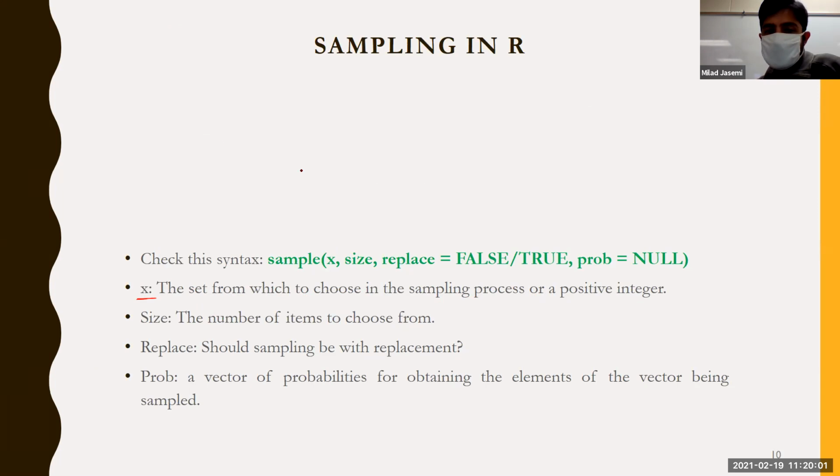It means you can put here in x, for example, 3, 2, 5, 10. The sampling process starts to sample from this set randomly, like 5 and 10. But if you put a positive integer, for example, you put 4, in fact, you are telling it to sample from this.